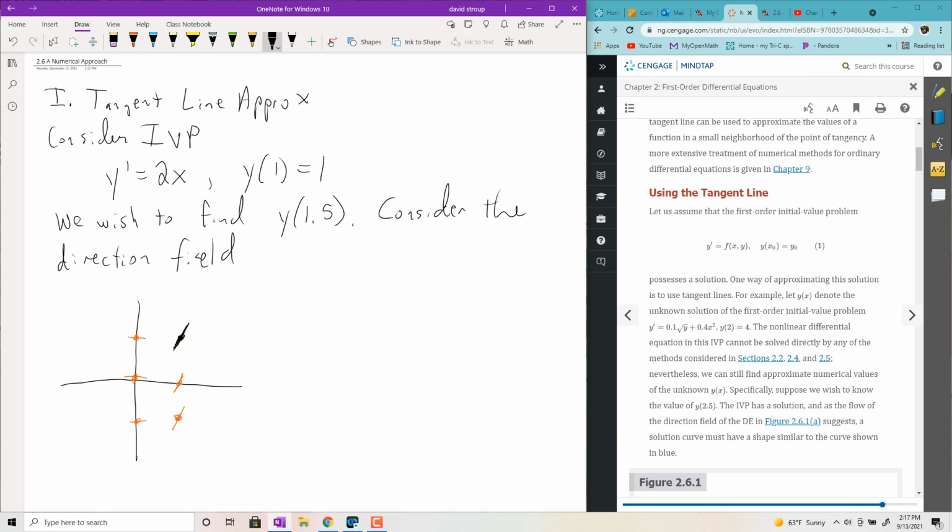The way I usually introduce it in Calc 2 is like the Spider-Man method. You're starting at some point up here in the xy plane, and it has a little tangent line, so you use that to get to your next point. And these points are always some h value apart in the x direction.